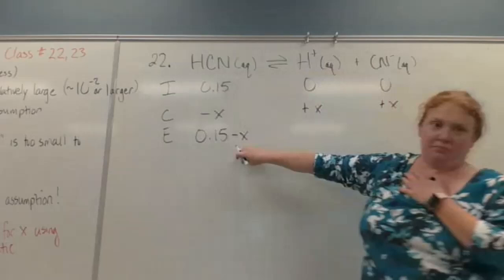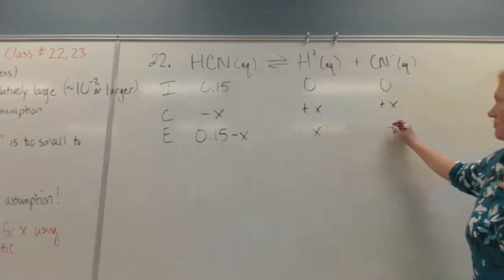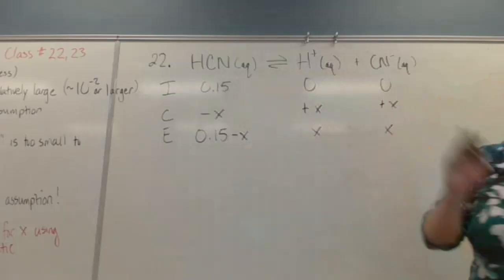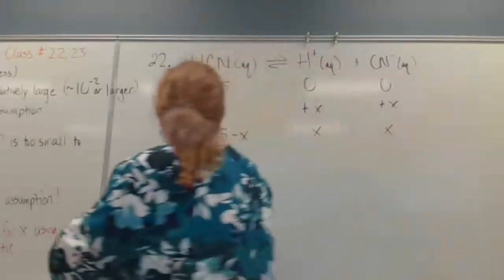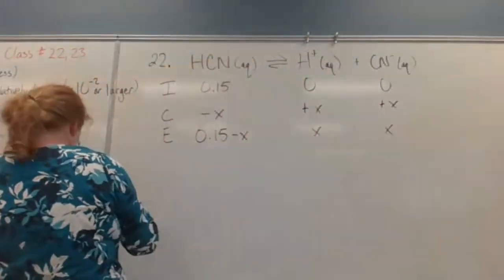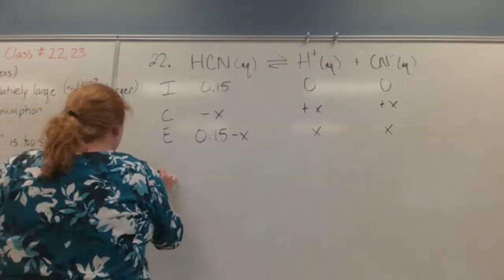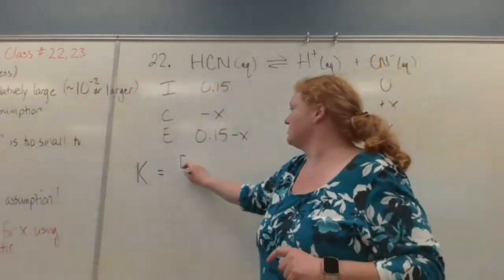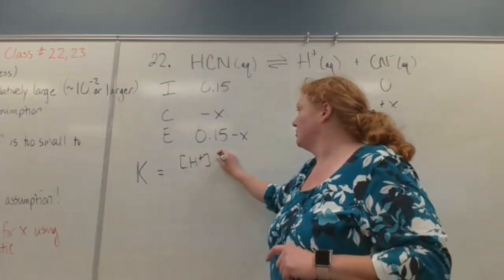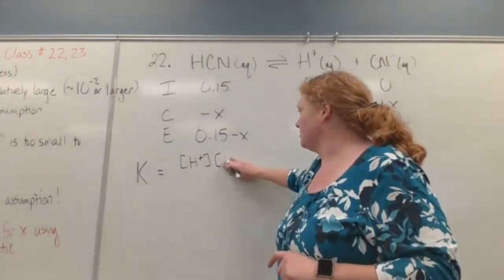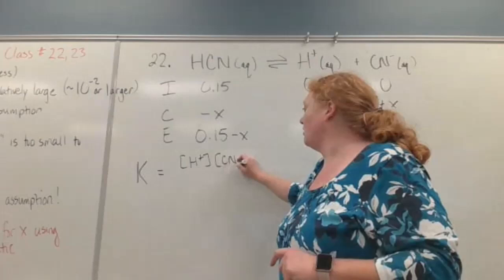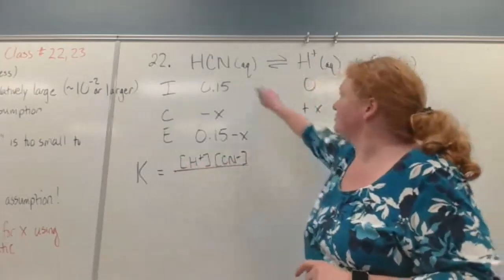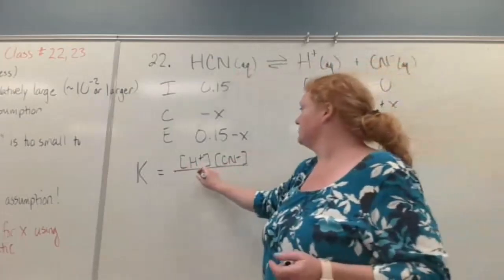So at equilibrium, there's my amounts. Write your K expression. K equals H plus CN minus. All of this is 1 to 1 to 1.